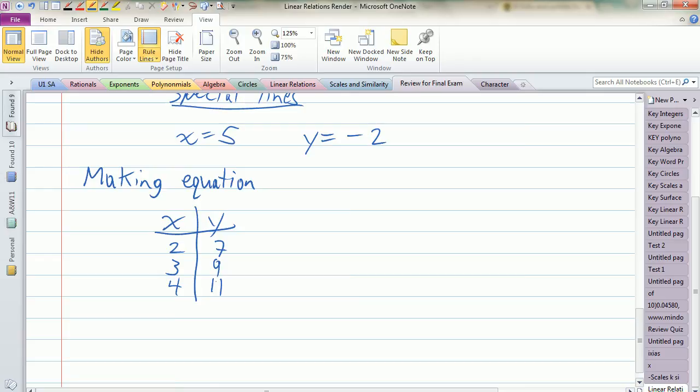Now what you have to do is make an equation. So you need to find your rate of change. I wrote it earlier. We use the equation y equals mx plus b. M is your rate of change, and b is your constant value.